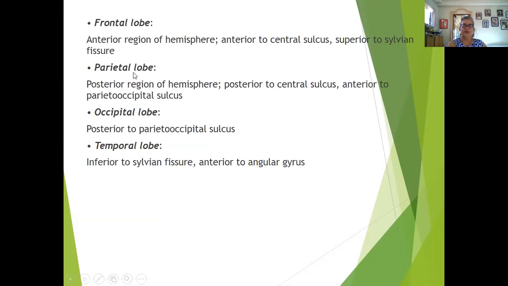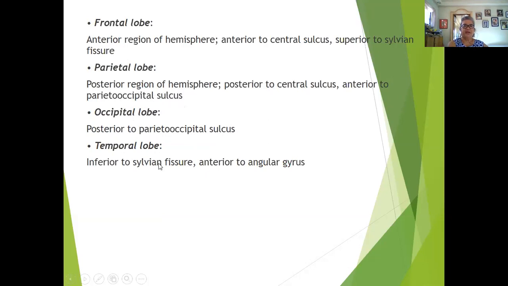So on the lateral surface, you cannot appreciate much the parieto-occipital sulcus. It is more appreciated on the medial surface. Then the occipital lobe is posterior to the parieto-occipital sulcus.